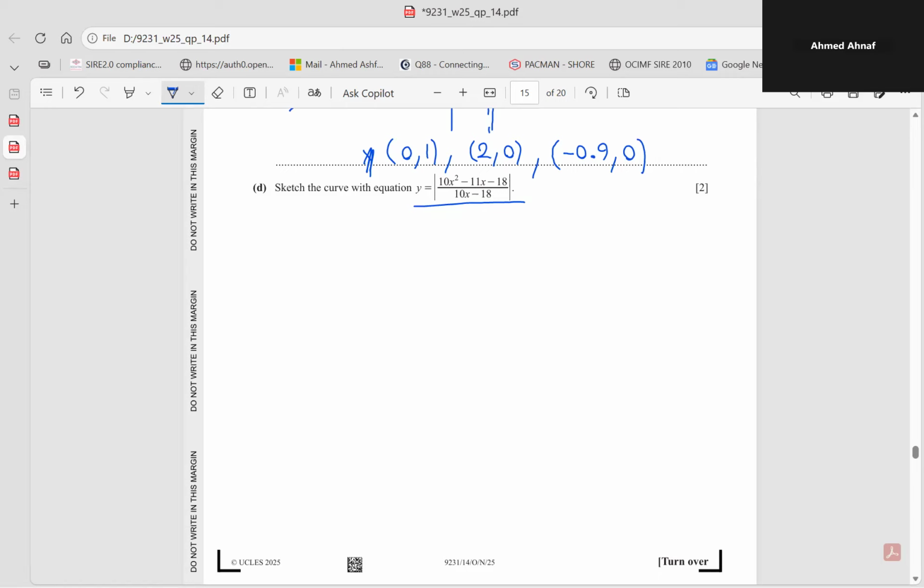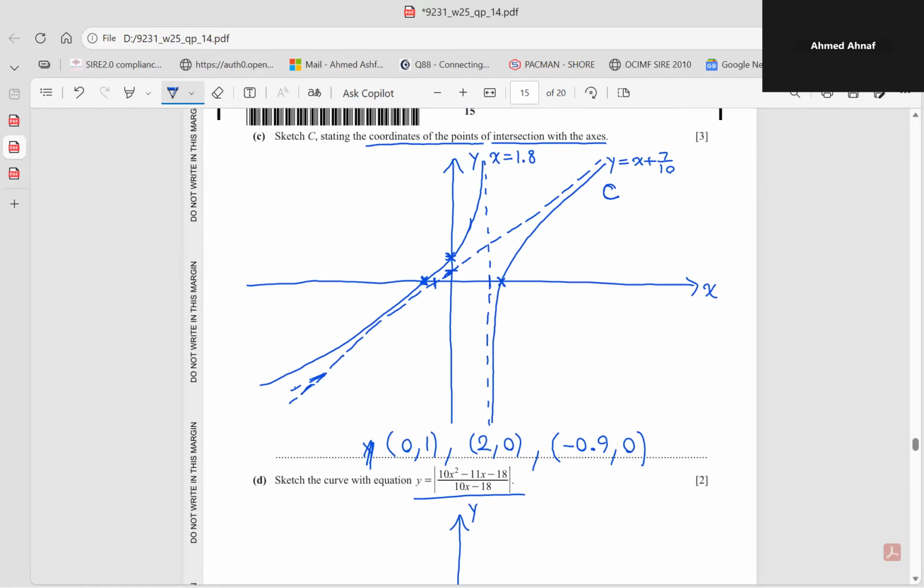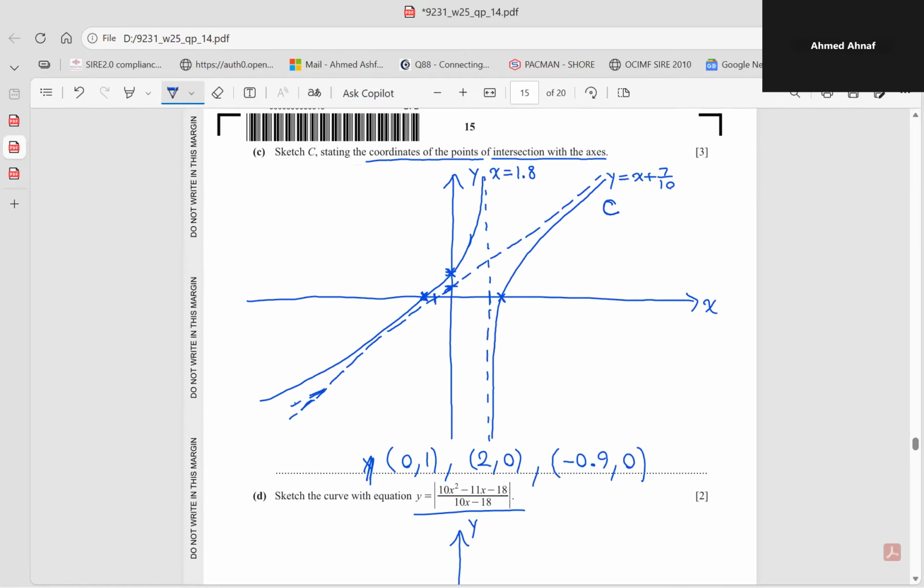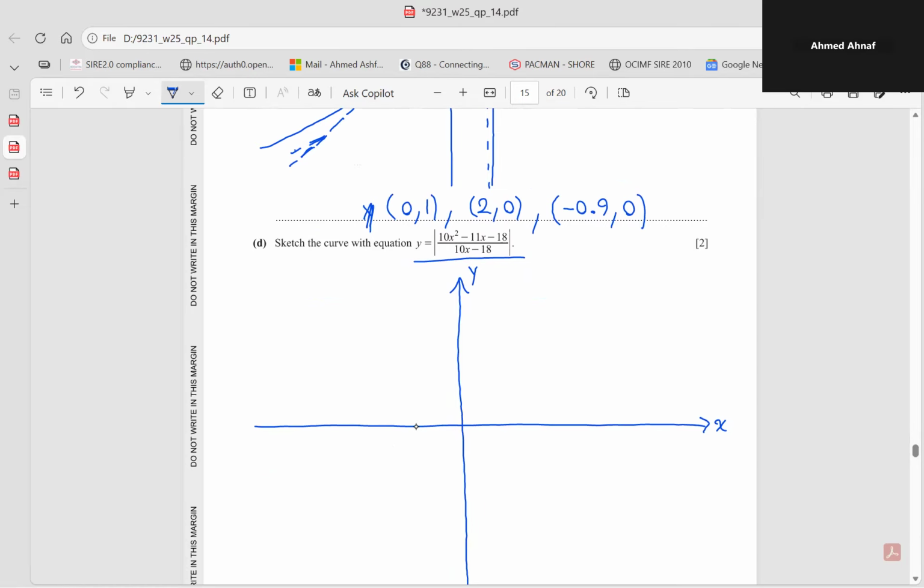So everything with a negative y value will have the opposite positive y value. So everything below the x-axis will be reflected above the x-axis.